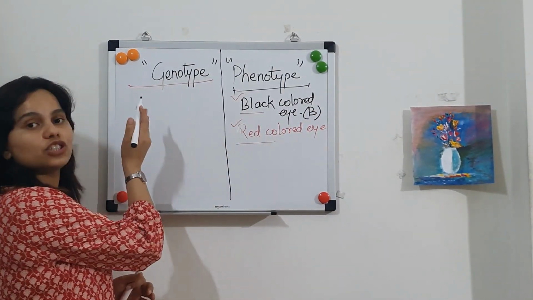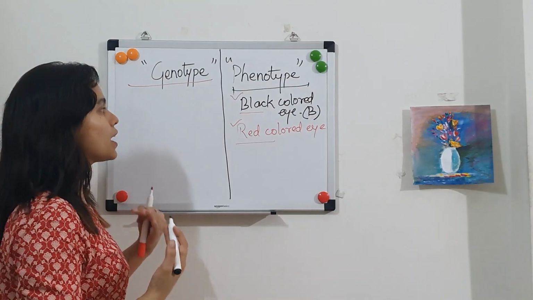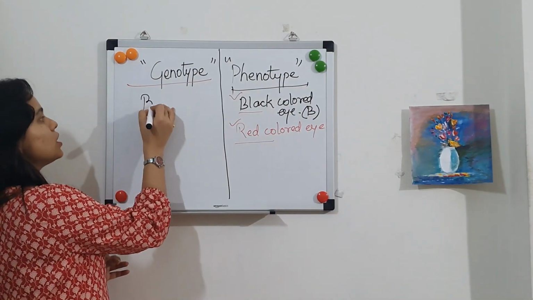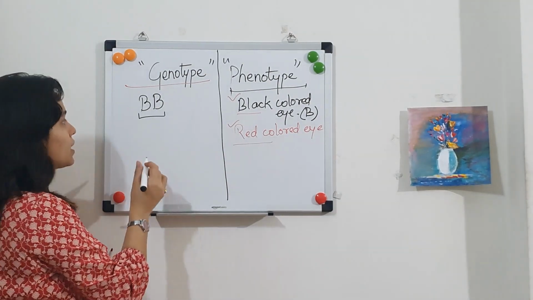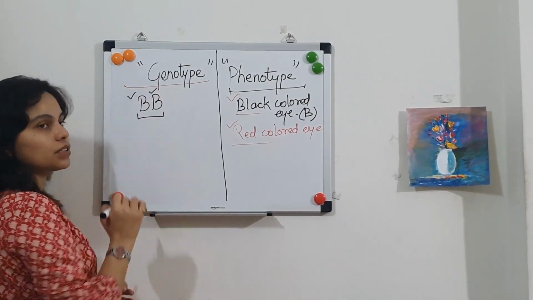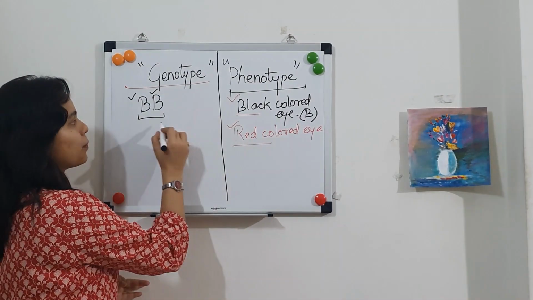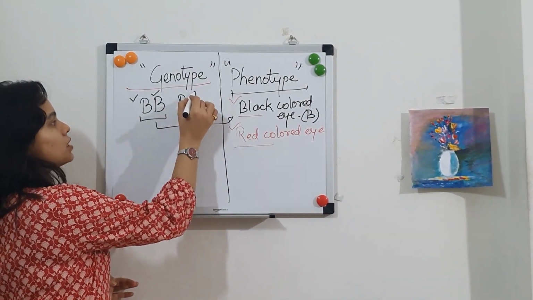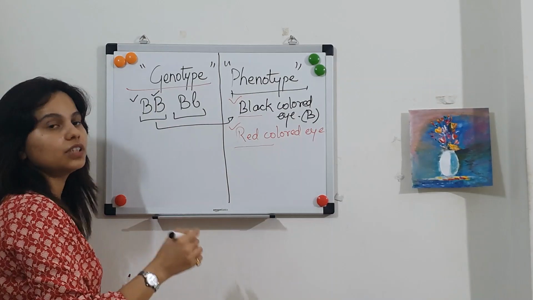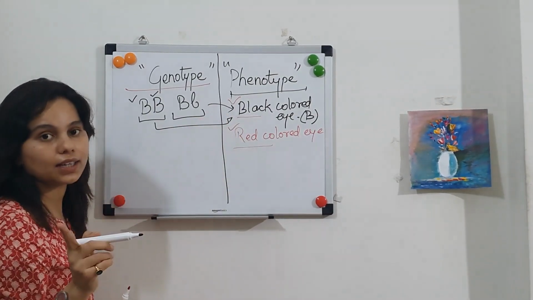So in the genotype section, we assume that the gene is going to be in a homologous pair, and that can either be capital B capital B for the appearance black, or capital B small b if the appearance is black.